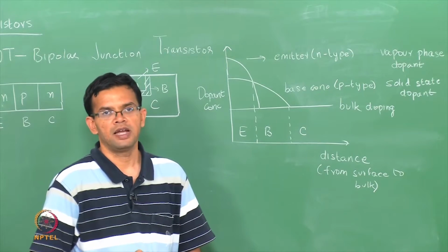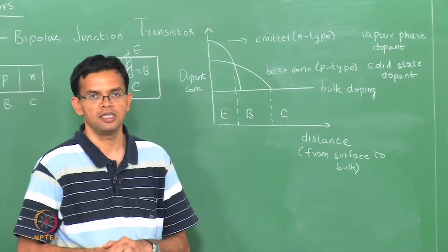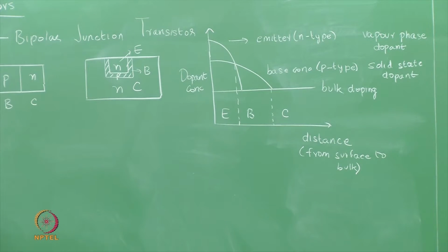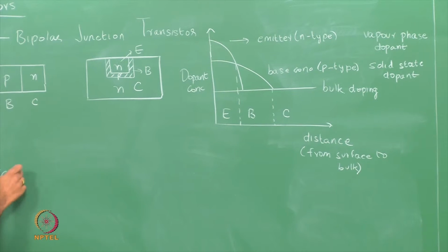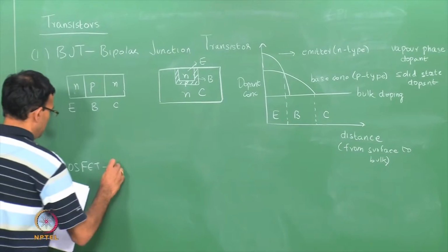The other kind of transistor that is commonly used, in fact most commonly used in your IC, is the MOSFET. In the case of a MOSFET, you can have a metal gate.